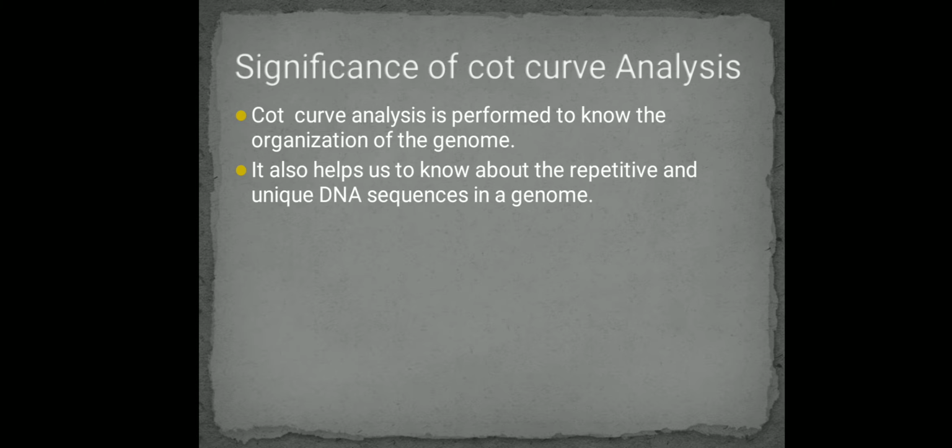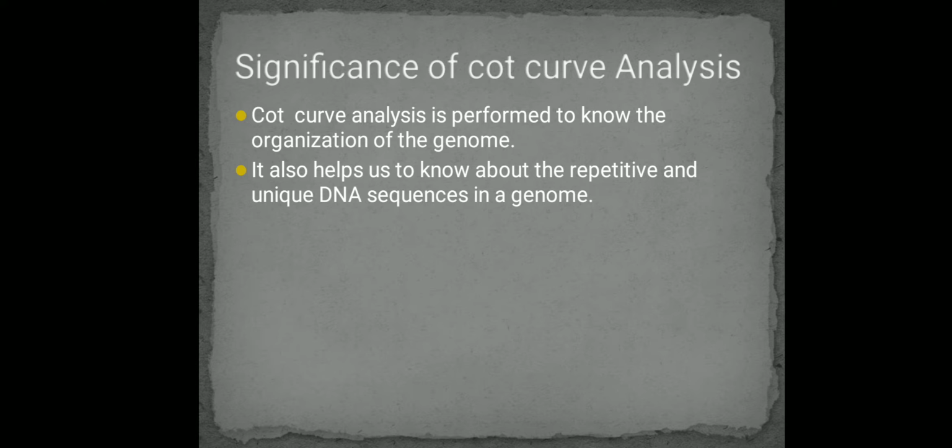Then why do we have to do these? Why do we have to see what is a renaturation of DNA? Why do we have to analyze the COT curve? So there is a significance to analyze the COT curve. This slide will explain to us the significance. When we perform COT curve analysis, we will know the organization of the genome, how the genome is organized.